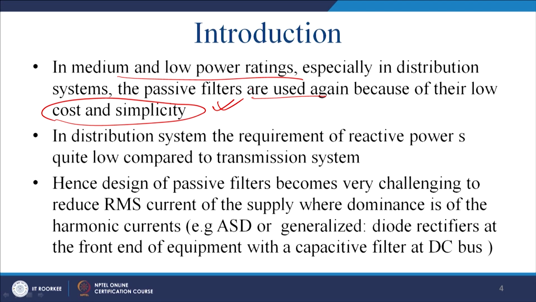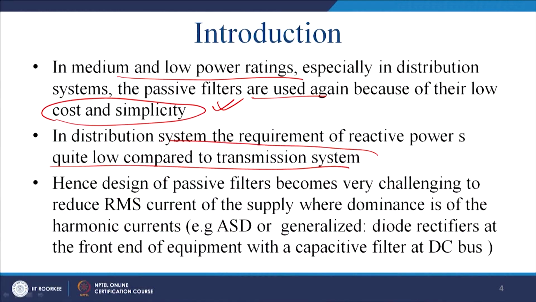The distribution system requires reactive power quite low compared to the transmission system. Also, we may have a resistive network for heating and so on, and for this reason that small amount of reactive power can be given by this entity.